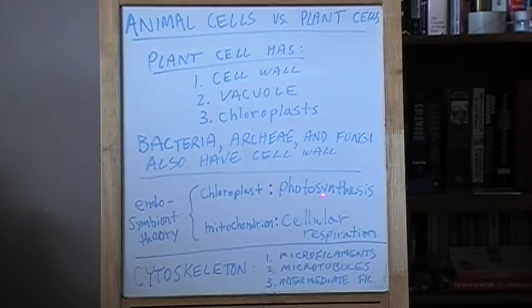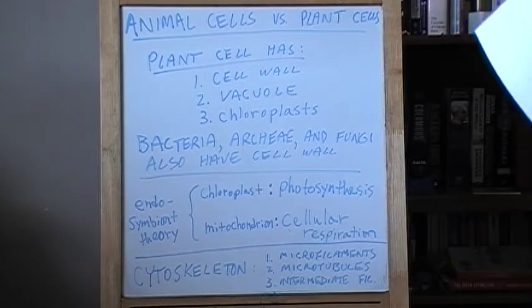The chloroplast is the organelle that does photosynthesis. The mitochondrion is an organelle that does cellular respiration. So we'll see this in more detail later. Basically, cellular respiration is how cells acquire energy from food.